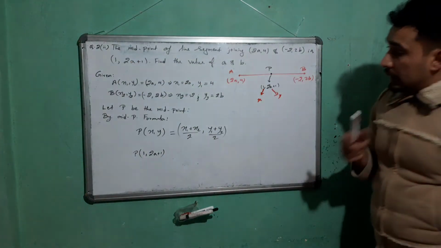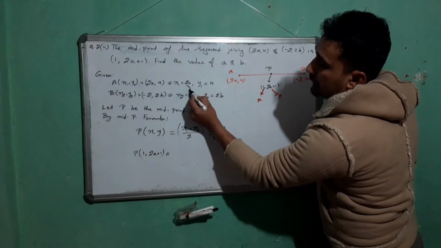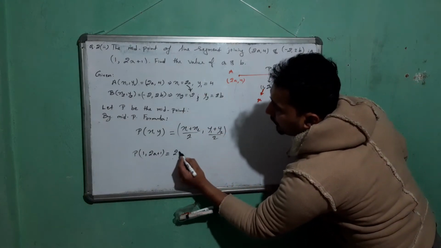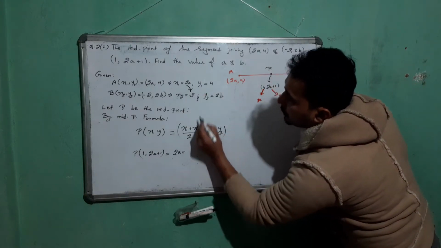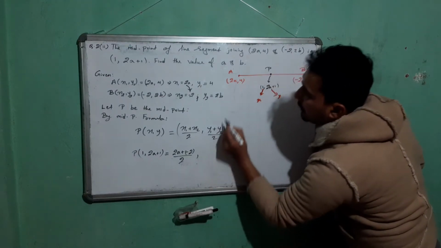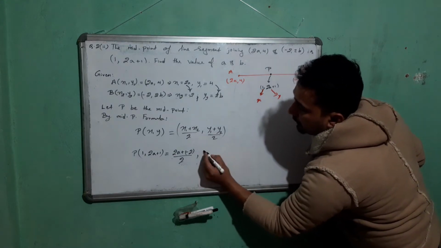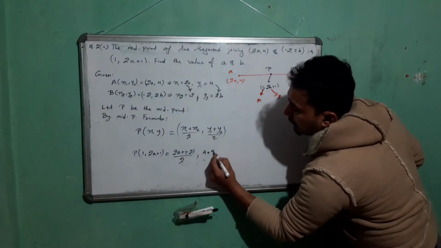So (1, 2a + 1) is equal to ((x1 + x2)/2, (y1 + y2)/2), where x1 is 2a, x2 is -2, y1 is 4 and y2 is 2b.